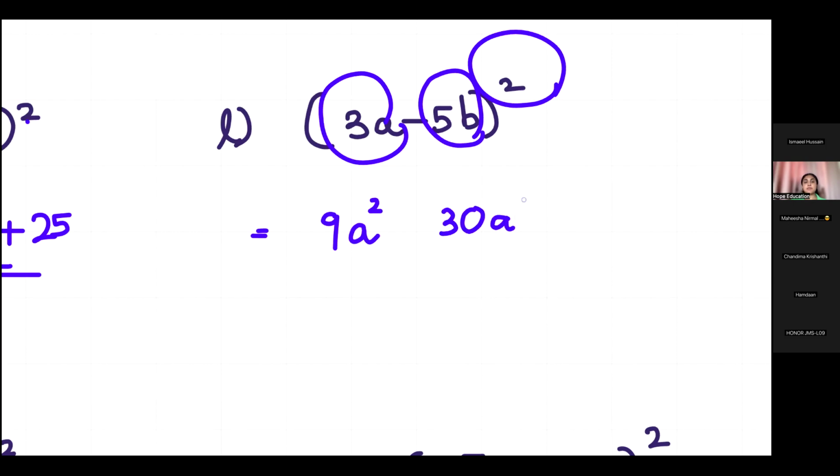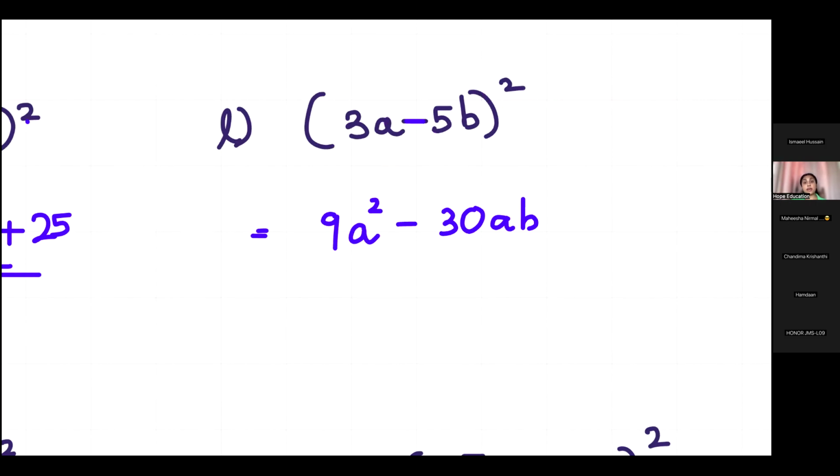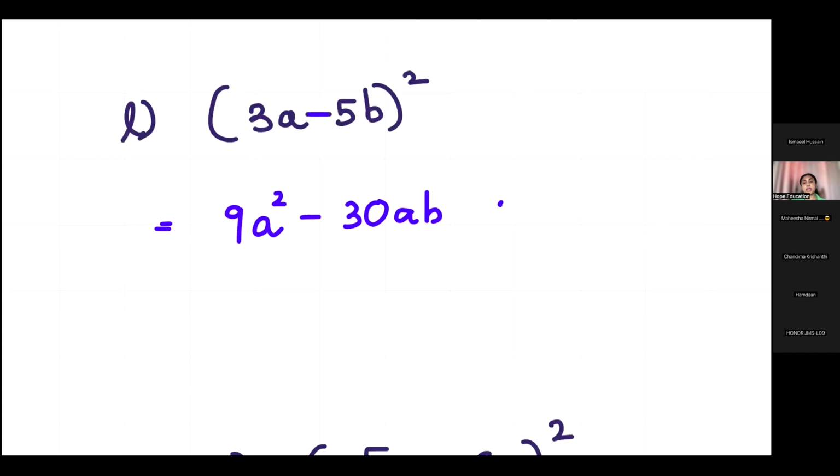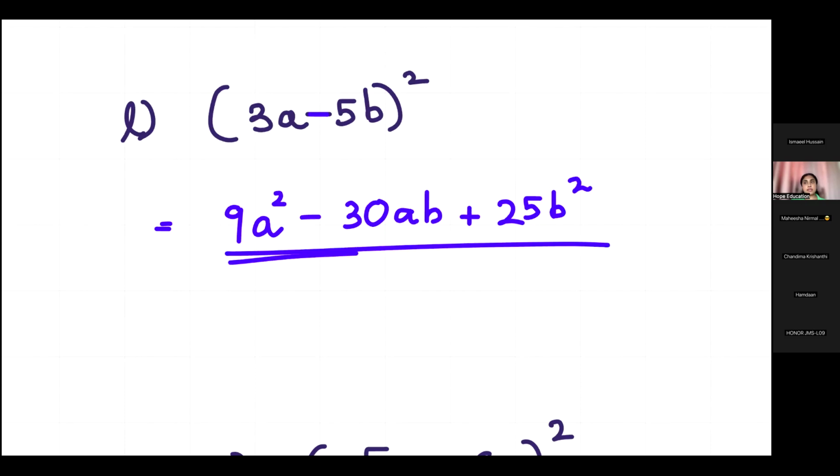Here plus times minus is minus. Then second term squared. Second term is minus 5b. 5 times 5 is 25, b times b is b squared, minus times minus is plus. Did you all get this? Thumbs up, please.